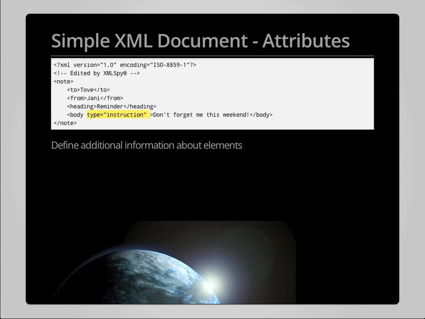So here we have the attribute name, which is type, and we're setting it equal to a value of instruction. In all instances, the value should be included in quotes. You should never have naked content associated with an attribute.